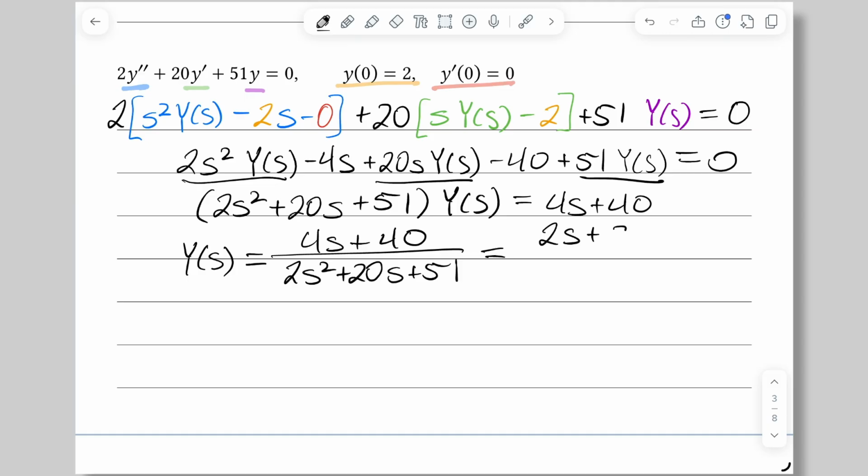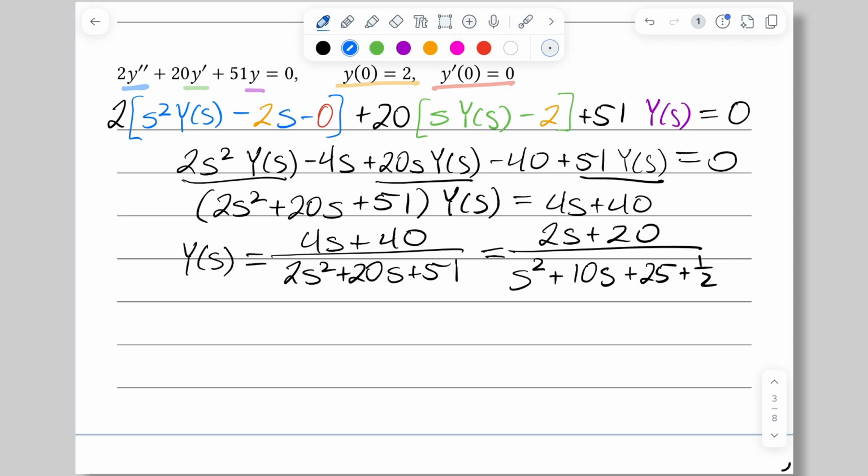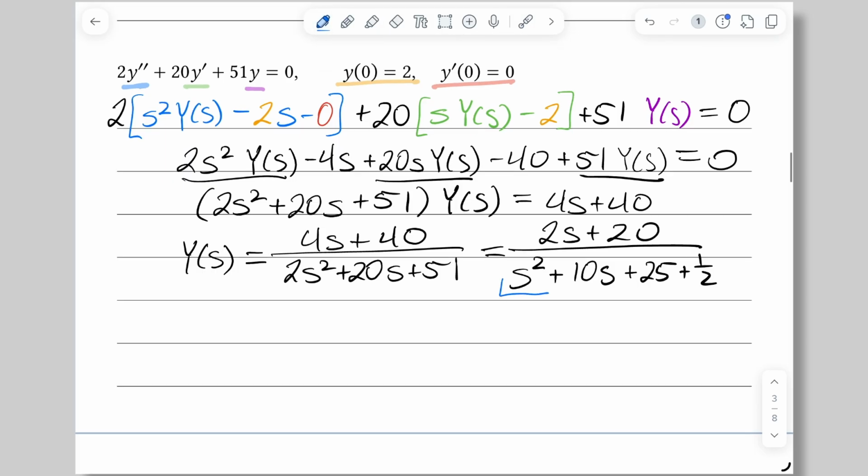That gives us 2s plus 20 in the numerator, and in the denominator we have s squared plus 10s, and then, dividing 51 by 2 would give us a fraction, 25.5, so I'm going to write it down as 25 plus 1/2. And the reason for that, folks, is that s squared plus 10s plus 25 is a nice perfect square.